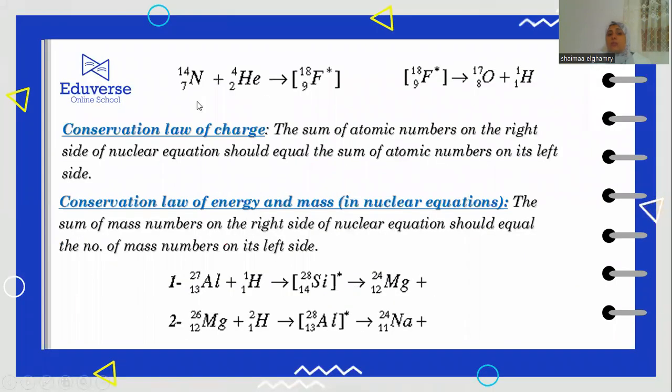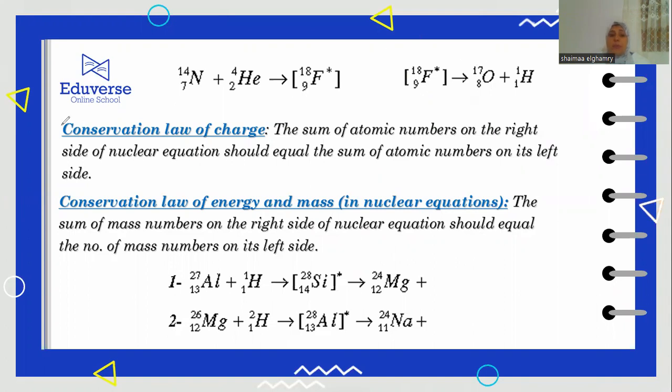If we use helium as a projectile for nitrogen, this nitrogen was stable before using the projectile, but after using it we converted it into fluorine, which is unstable and spontaneously decays to give oxygen-17 and hydrogen-1.